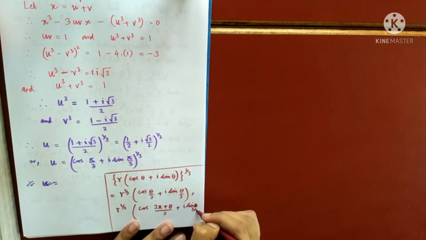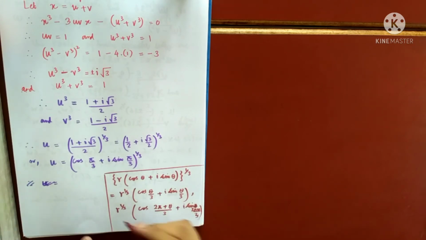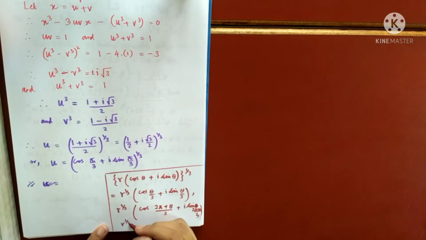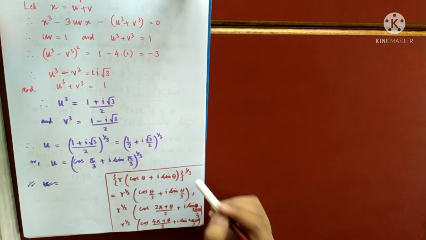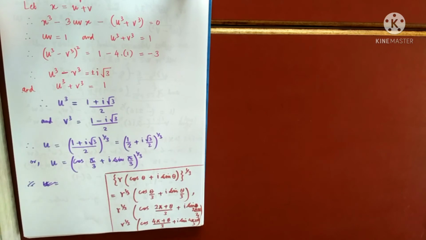And one more, r to the power 1/3 cos of 4 pi plus theta by 3 plus i sin 4 pi plus theta by 3. These are the roots. Basically, when you have the power 1 by n, you have to do 2k pi plus theta, k equals 0, 1, 2, 3, 4 and so on. This is in general form.